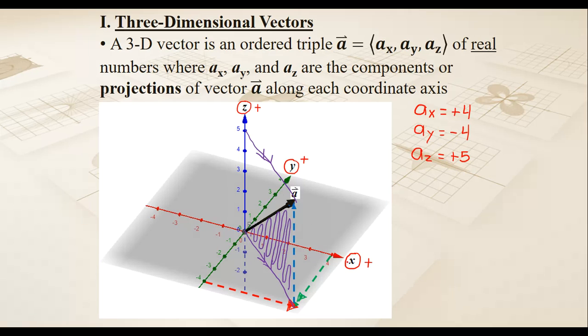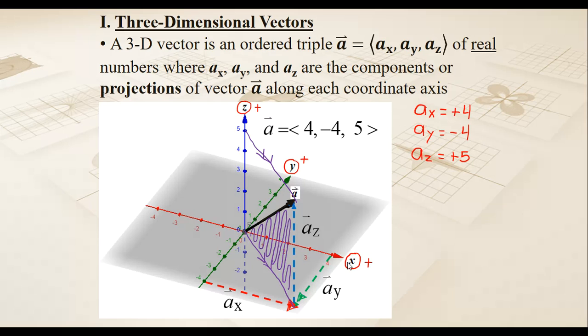Now, to write that as an ordered triple, again, I could show the components here if you'd like. That red dashed line represents the x component of vector A. The green line represents the y component of vector A. And that blue line represents the z component of vector A. If we take those three together, we can describe this vector in three-dimensional space as this ordered triple.